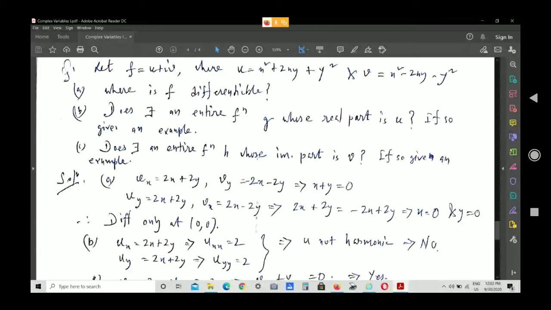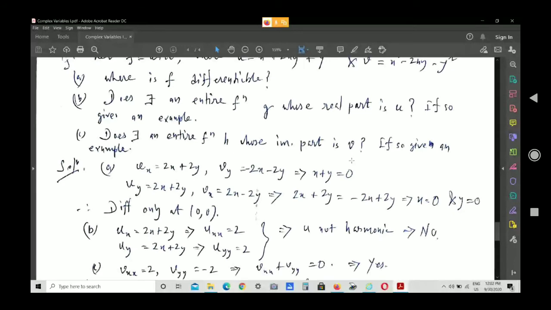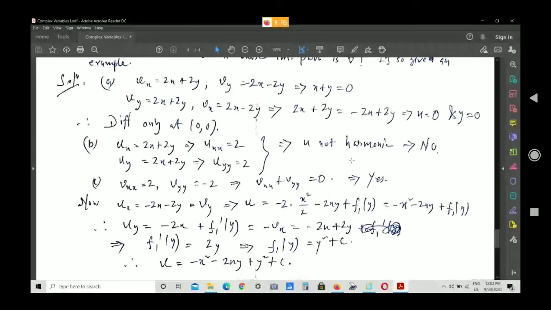Next, a similar question for v, the imaginary part. Here what we see is that v_xx equals 2, v_yy equals 2. So v_xx plus v_yy becomes equal to 0. That means v is harmonic.